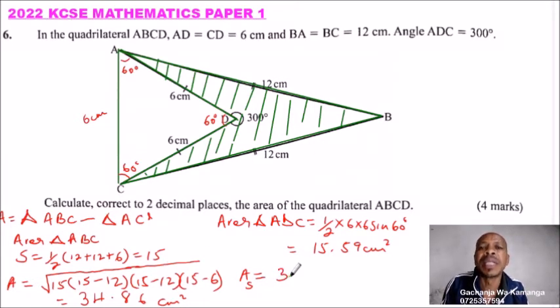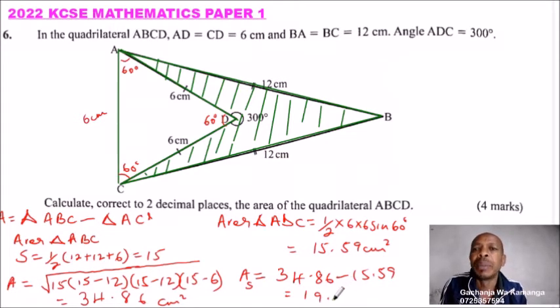So area shaded is equal to the area of the big triangle, which is 34.86, minus 15.59, and when you do that, you get 19.27 centimeters squared. That is how you get the area of that triangle, and you get yourself 4 marks.